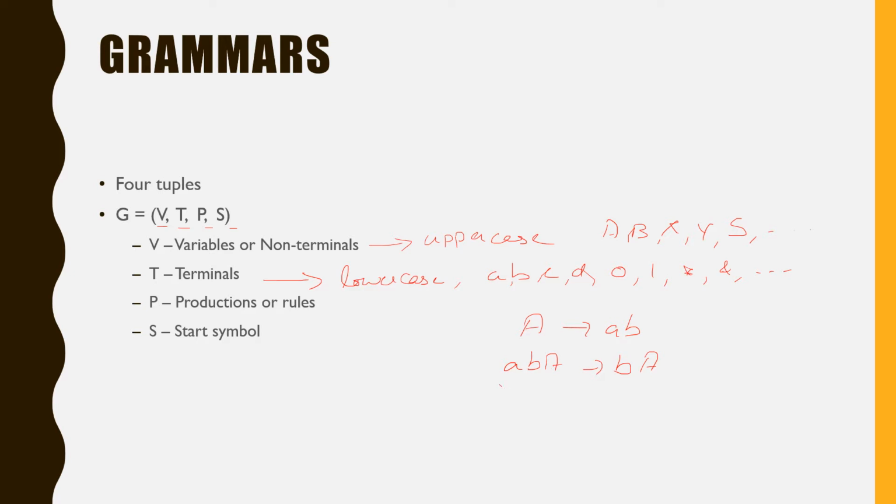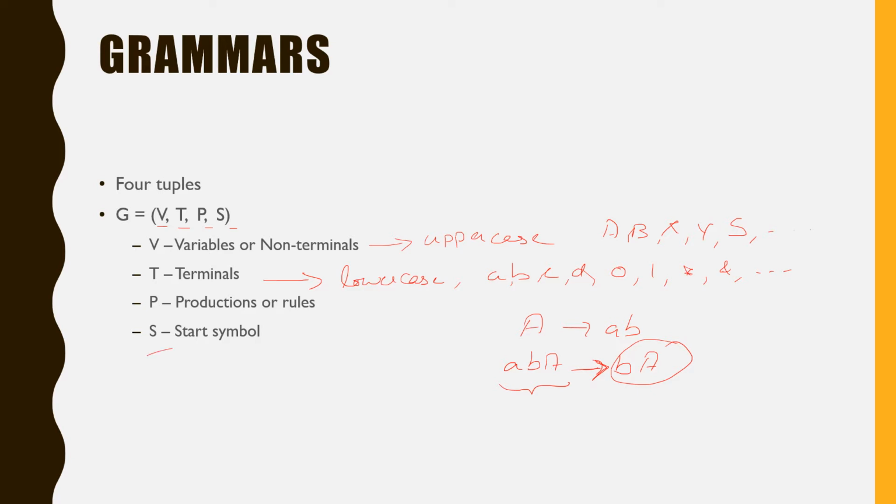The production should have a left hand side and a right hand side, and for the derivation I use an arrow mark. In a grammar there will be a number of productions, and to derive a particular string, the starting point is given by the start symbol. It is represented using S.